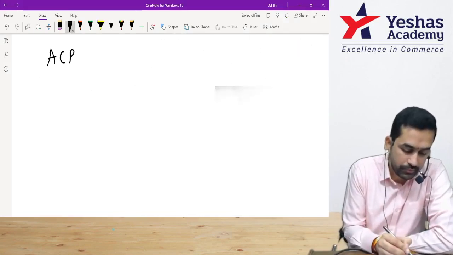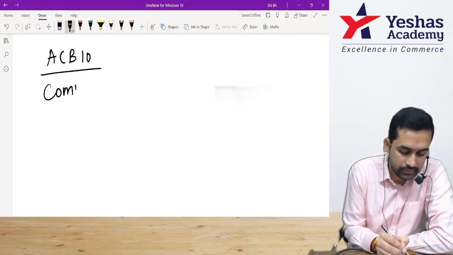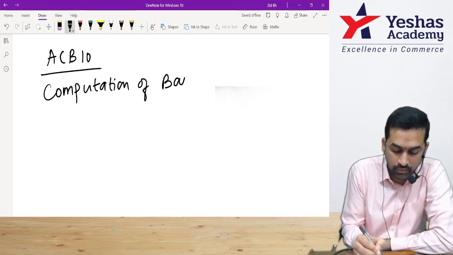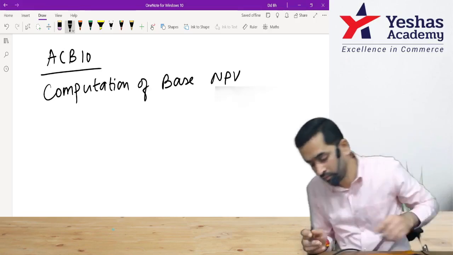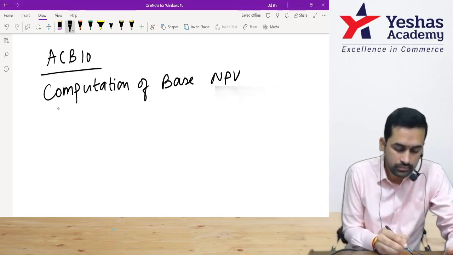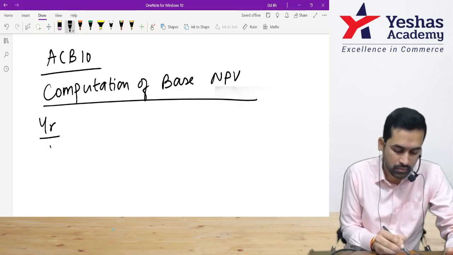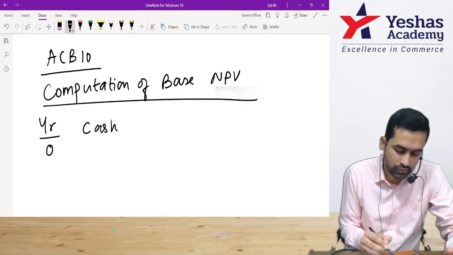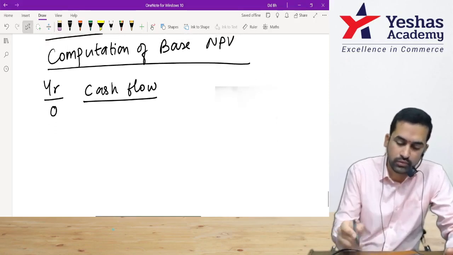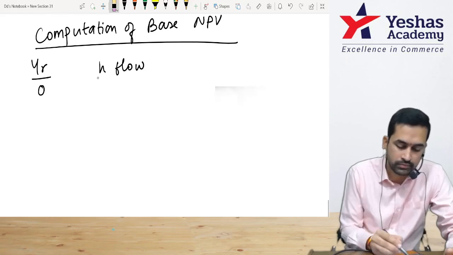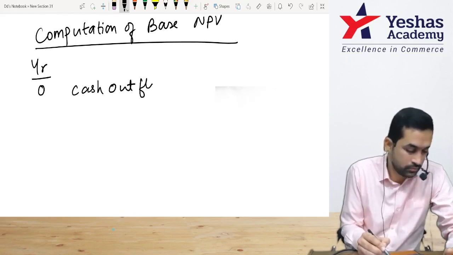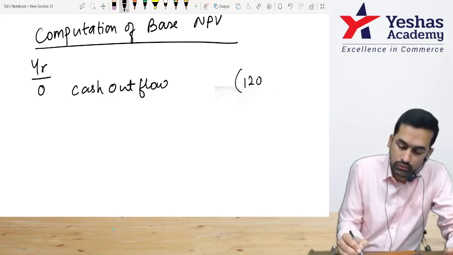First, computation of base NPV. Year 0 cash outflow 1,20,000.